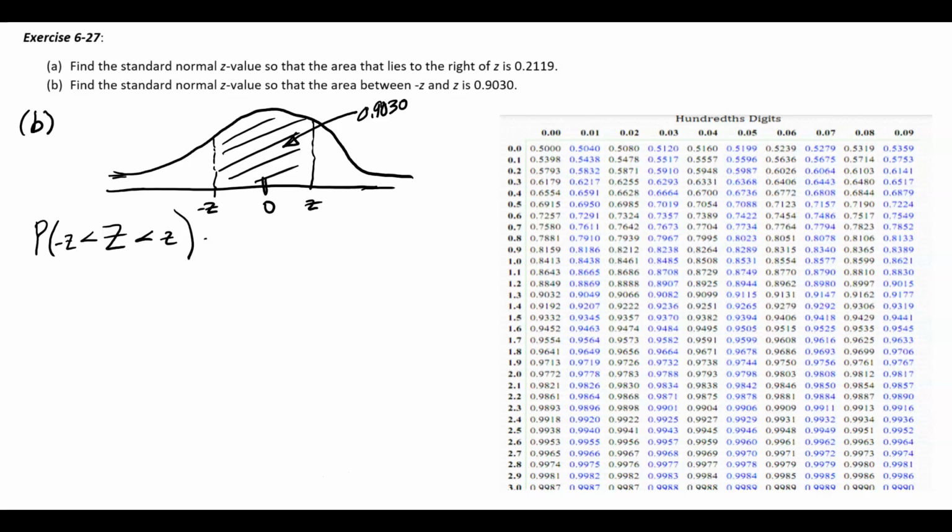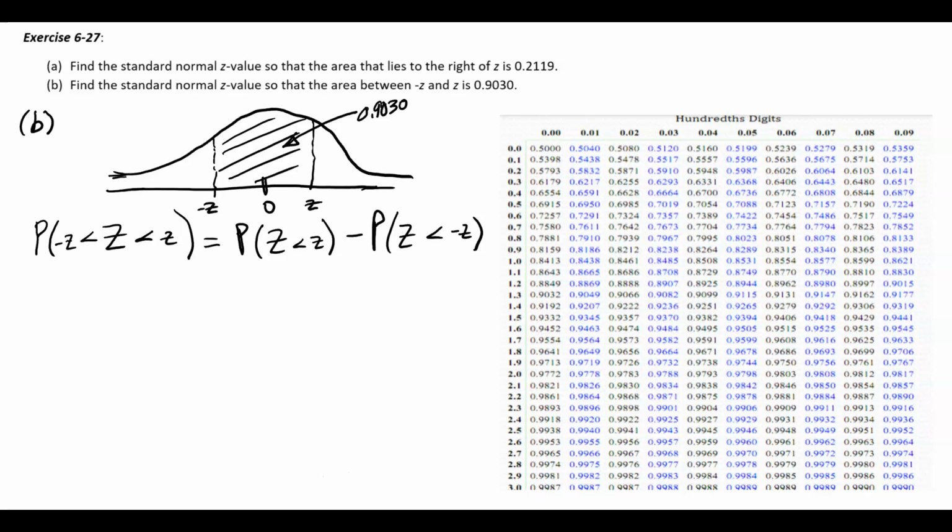In order to do this, we're familiar with continuous distributions, and we know that this would mean that's going to be the probability that z is less than z minus the probability that z is less than negative z.